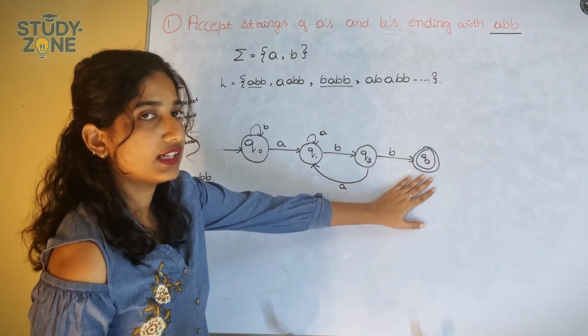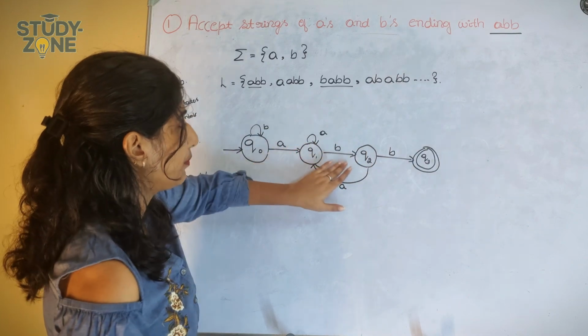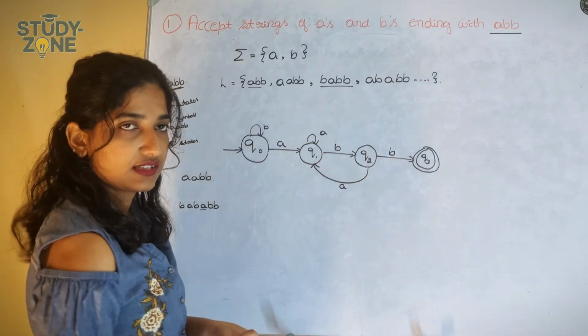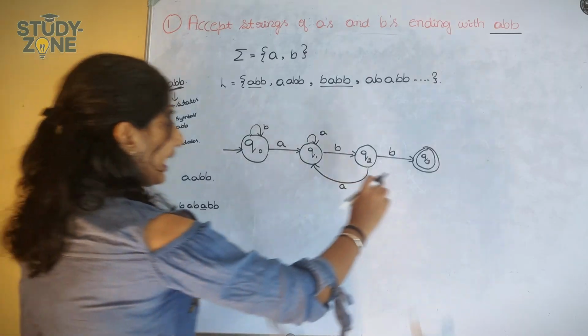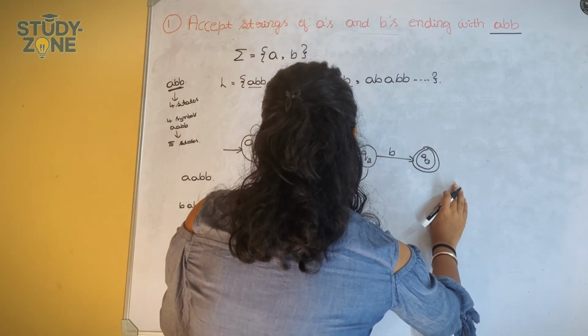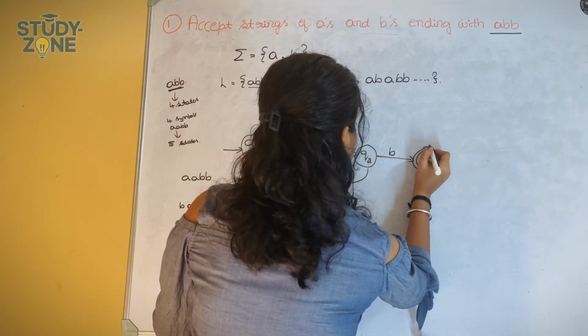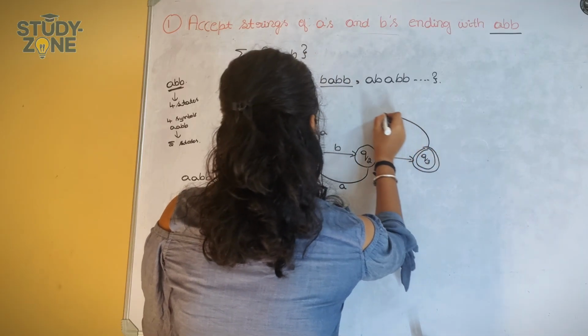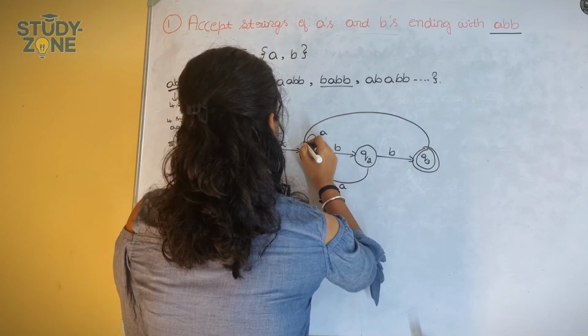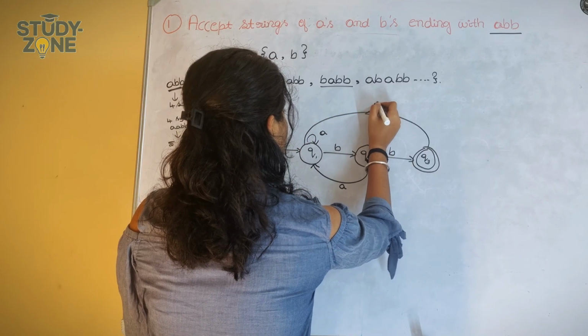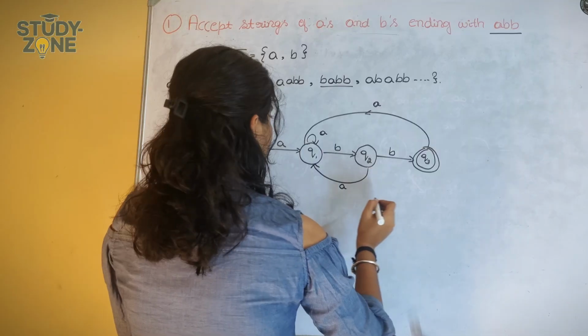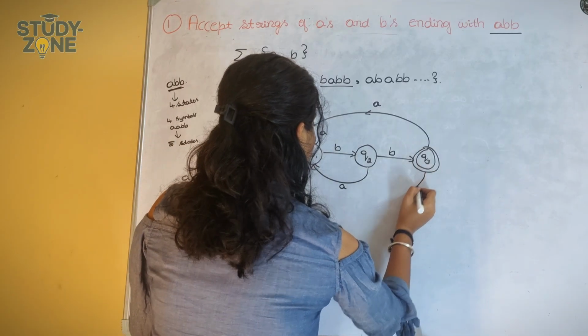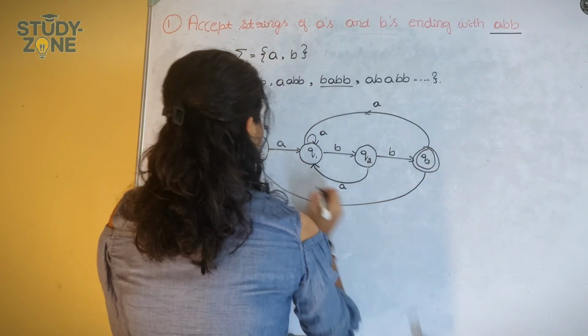So what to do here? Here we should get A, B, B only. If we get A here, it should move back to state Q1, and if we get B here, it should move back to state Q0.